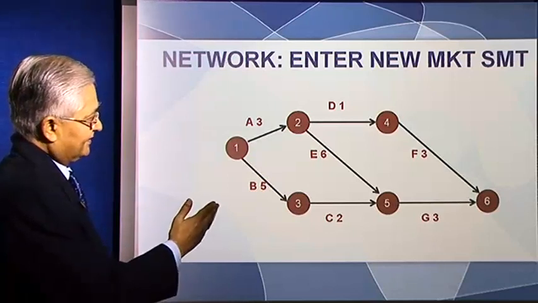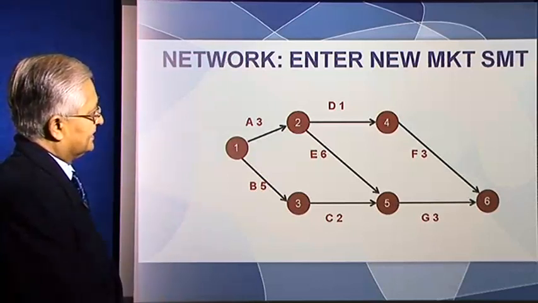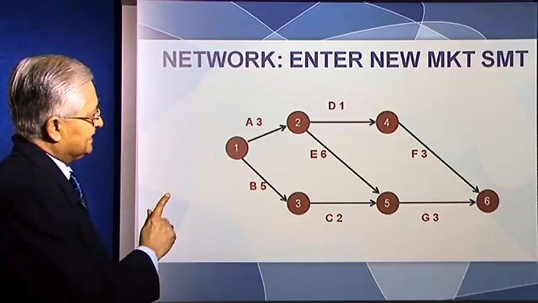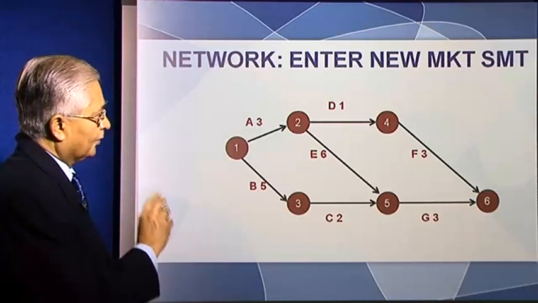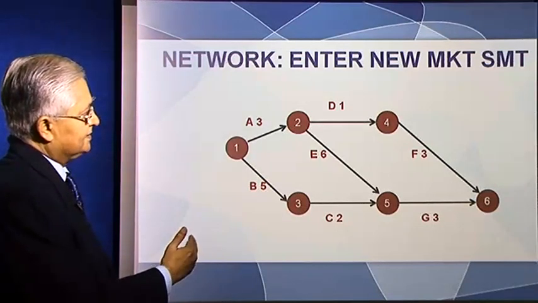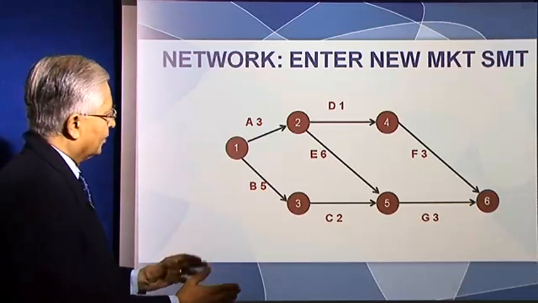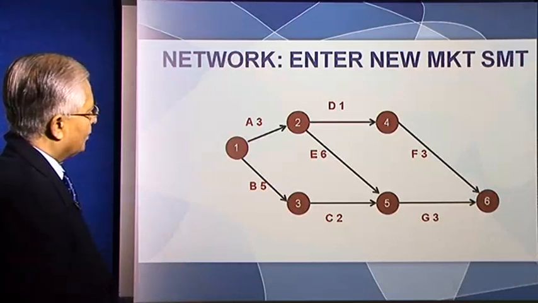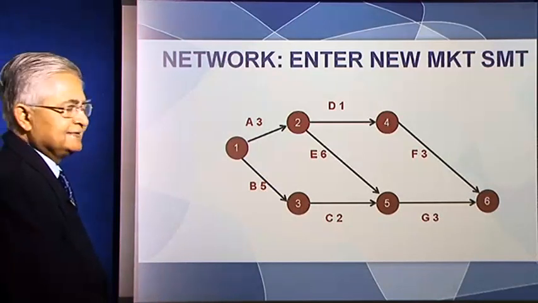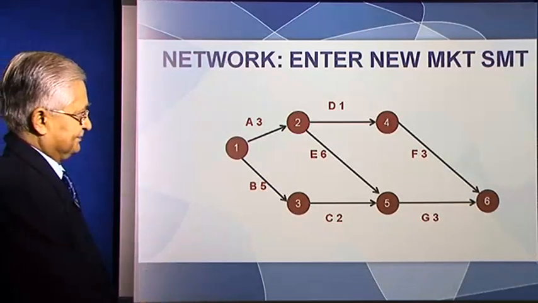Now event 5 is where activity E and activity C are over and activity G begins. The project as a whole begins at event 1. It ends at event 6.